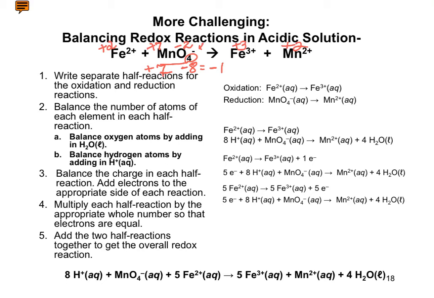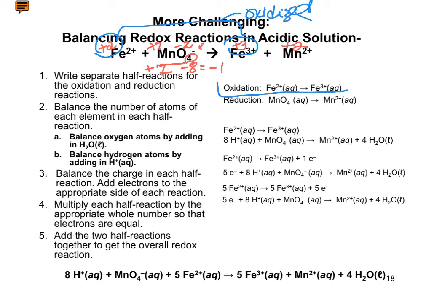Let's see what has been oxidized and what's been reduced. Well, iron has changed from +2 to +3. What does that mean? That means it's lost an electron, right? Became more positive. So if you lose an electron, you are oxidized, LEO. So iron has been oxidized.